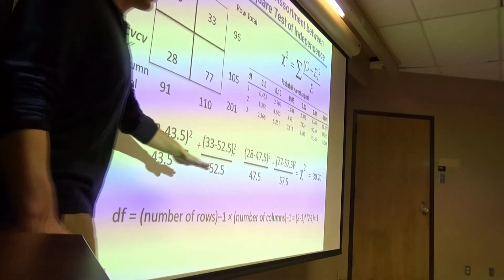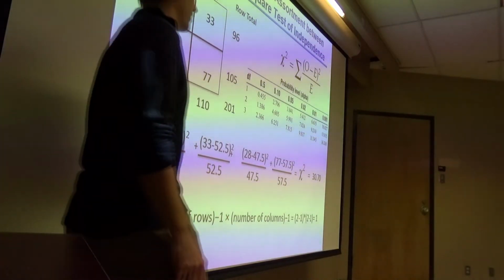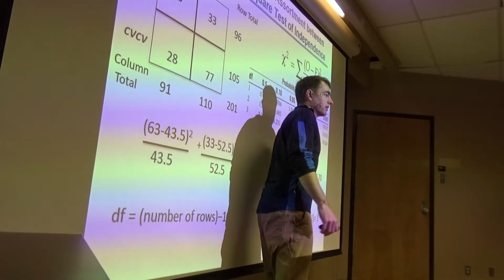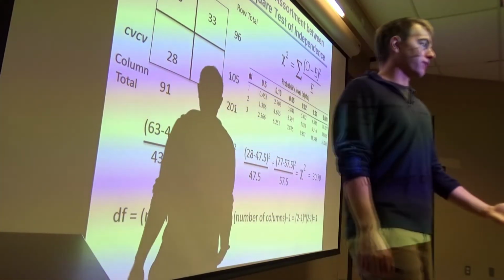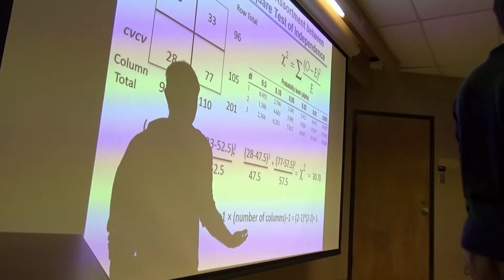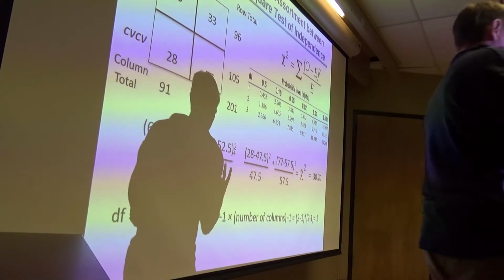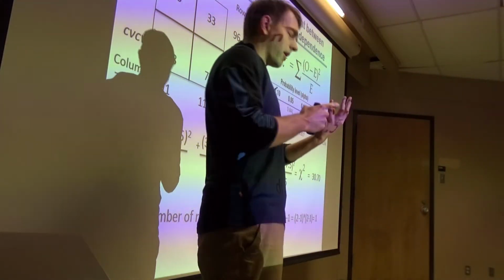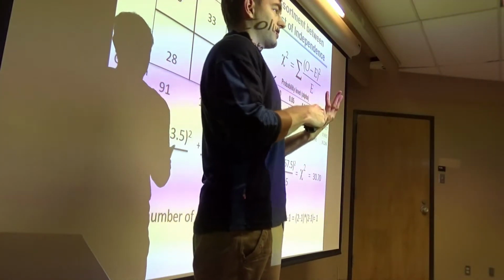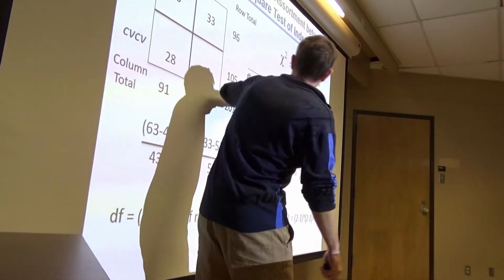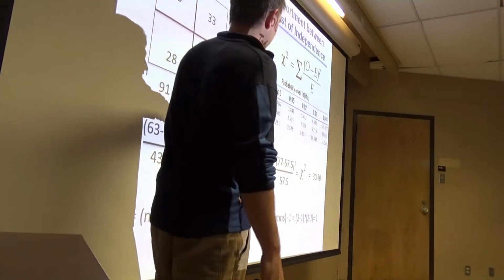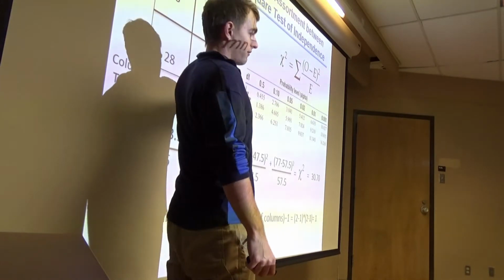So for these same two genes, your degrees of freedom for this entire thing is going to equal 1. For the goodness of fit test, if we're testing a 9 to 3 to 3 to 1 ratio, and we have 4 different phenotypes and expected ratios from our Mendelian crosses, then we'd still have 3 degrees of freedom. So where does this fall? We have 30.7 for our chi-squared, and I said we have 1 degree of freedom.